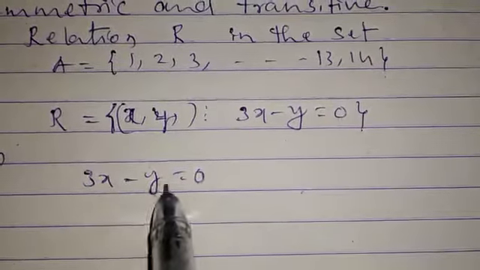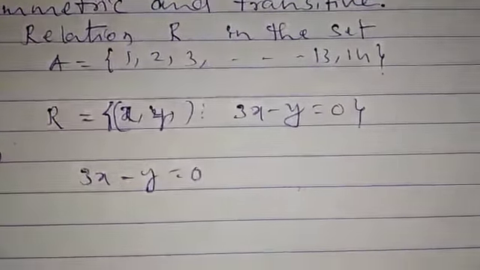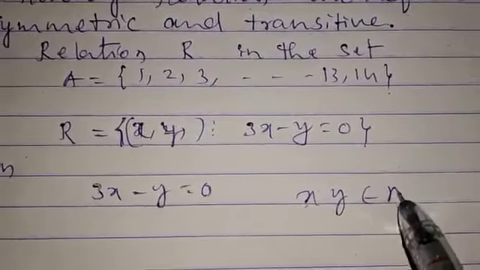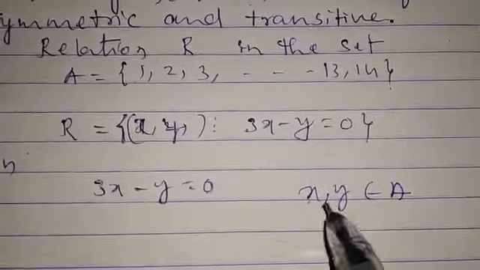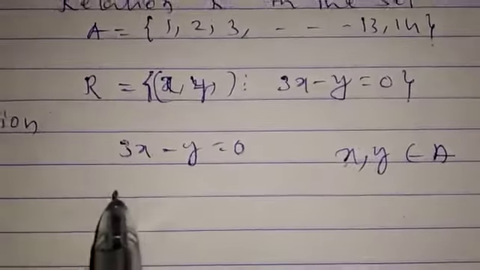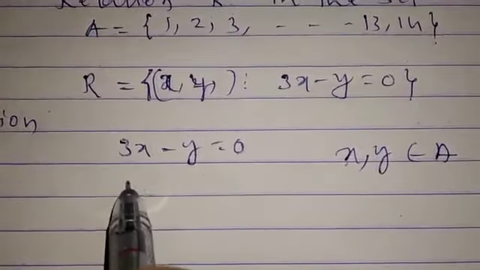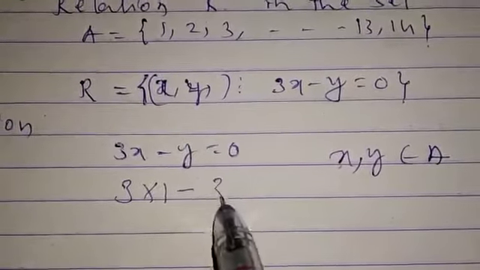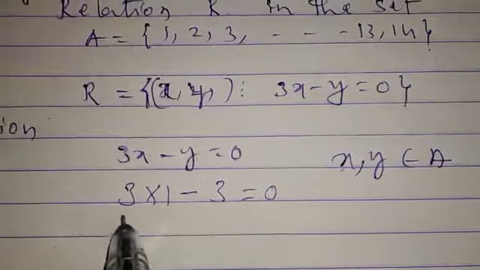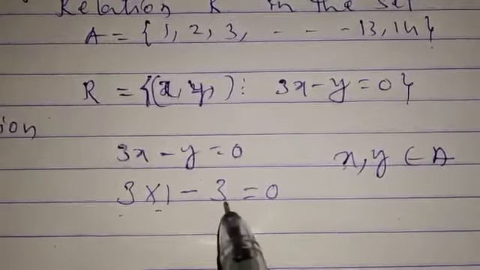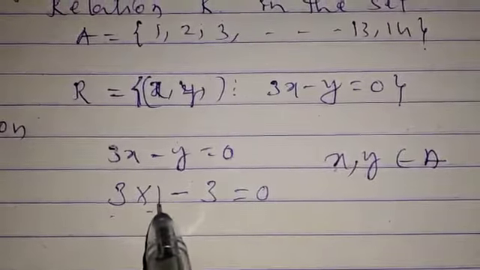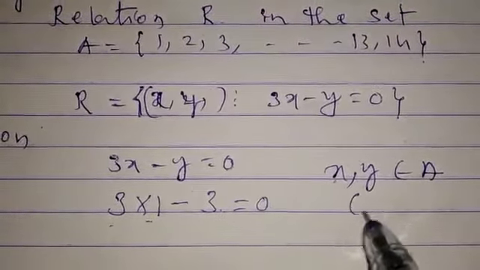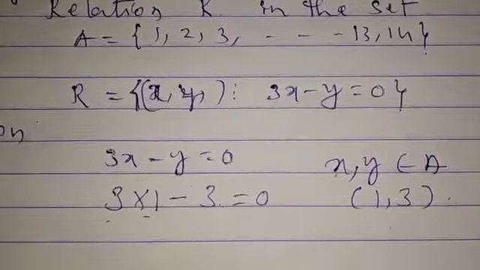So we choose x and y from the set A, so (x, y) belongs to A. Therefore, first, 3 into 1 from set A, minus 3, so this is equal to 0. 3 into 1 is 3, minus 3 is equal to 0. Here x is 1, 3 is y. So therefore (1, 3) is the first ordered pair.